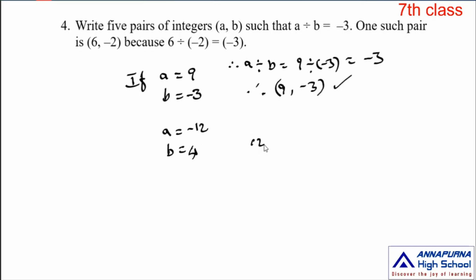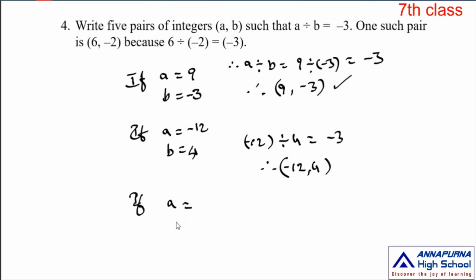Minus 3. Therefore, minus 12 divided by 4 is equal to minus 3. Therefore, the pair of integers are minus 12 and 4.